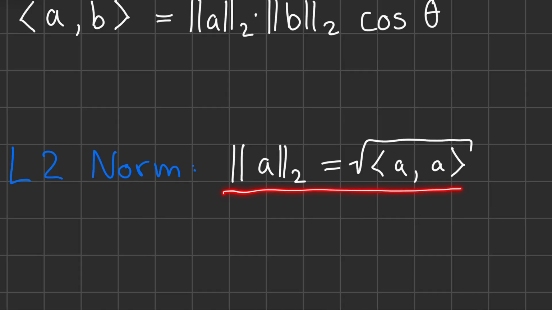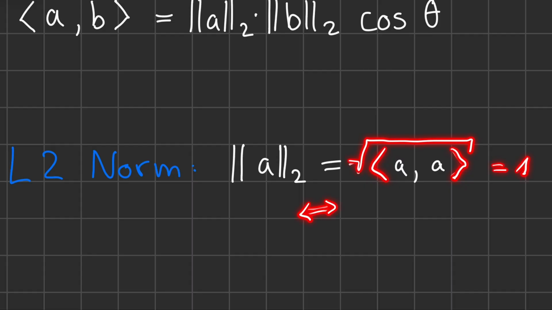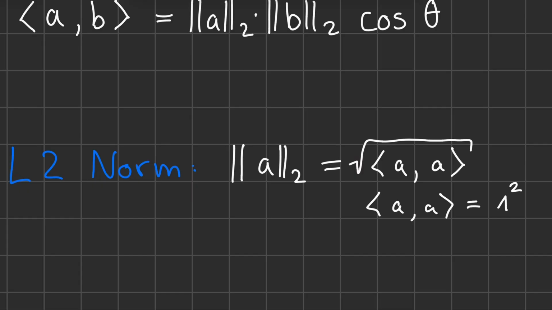So this value here is equal to 1. What we have in our diagonal is always the scalar product. So it means that the scalar product, taking the square root of that, is equal to 1. If we rearrange this, we get that the scalar product of a with itself is equal to 1 squared. But this is just 1 again.